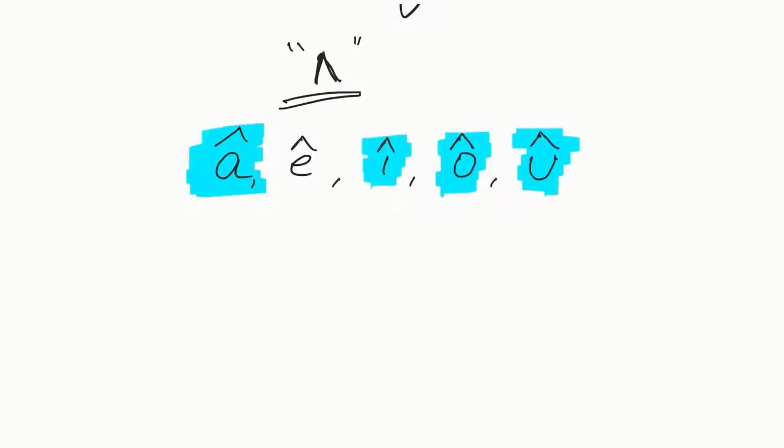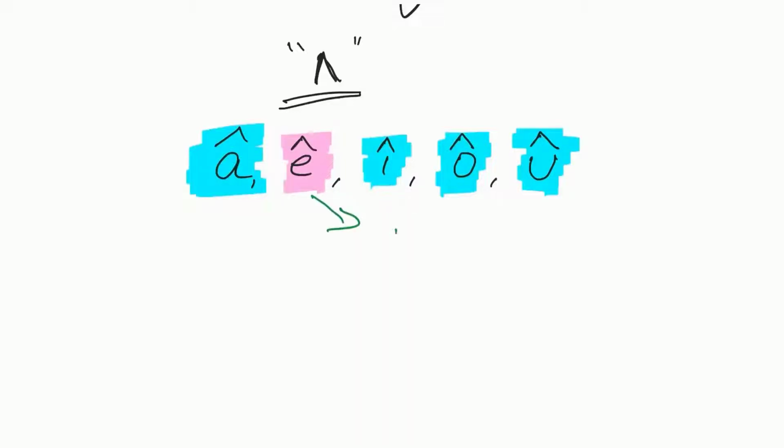There's one good news: the sound of E, I, O, U won't change. It will remain the same. Only the sound of A will change. Okay? And the sound of A will be "ah".